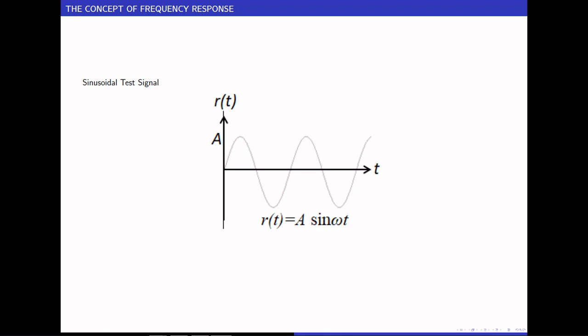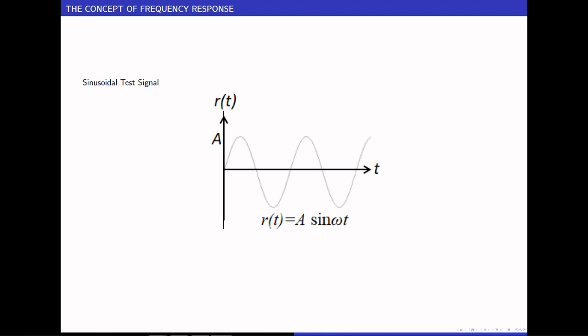Basically, we are not interested in transient analysis with the sinusoidal signals. Of course, it doesn't mean that transient analysis for sinusoidal signals cannot be done. It can be done in the same way as for other standard test signals, but the steady state analysis we cannot do as we do for the other test signals.